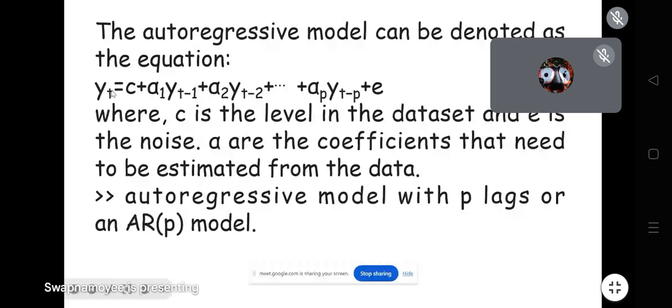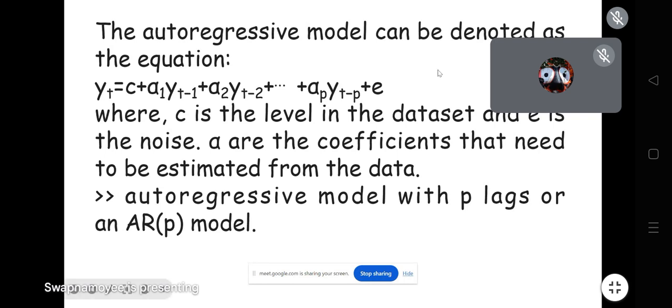Your foreign direct investment in the current year is dependent on some intercept term, along with your foreign direct investment 1 year back, that's why t minus 1, foreign direct investment 2 years back, and so on. How many years back you can go, we'll detect through different tests.